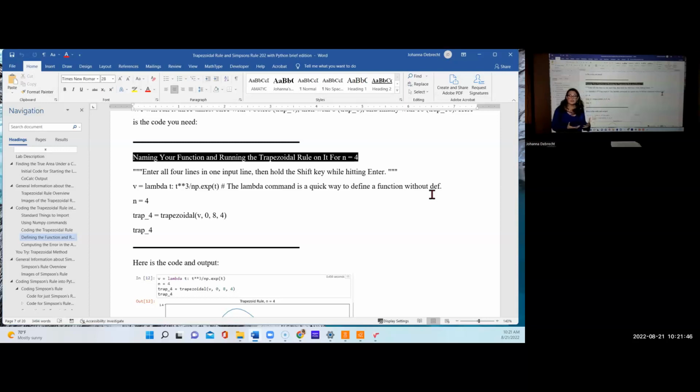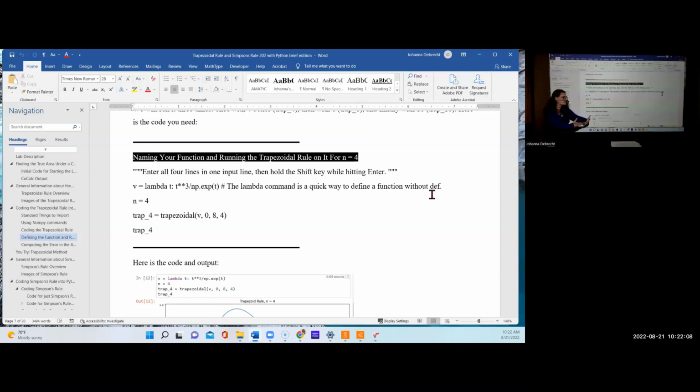This was our function, right? X cubed divided by e to the x. Now we use t as the variable. And again, this is just a quick way of defining a function without def. We could have done def, and that would have been fine as well. And then we set the number of boxes. In this case, n is 4. And then we set trap4 to be the result.